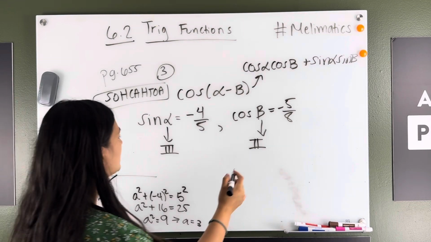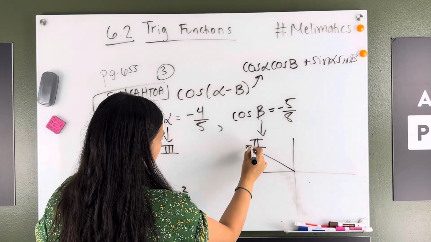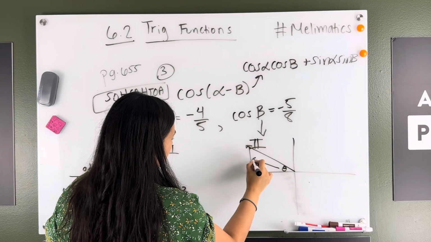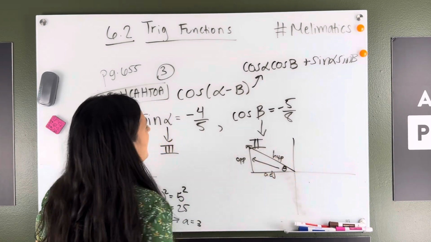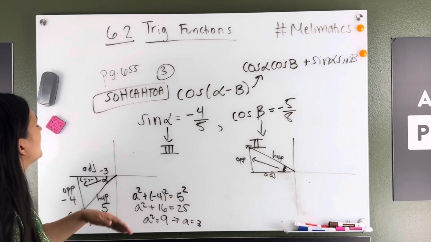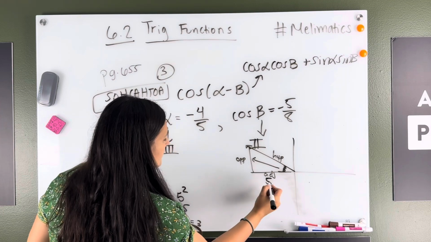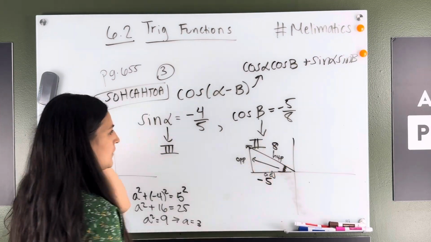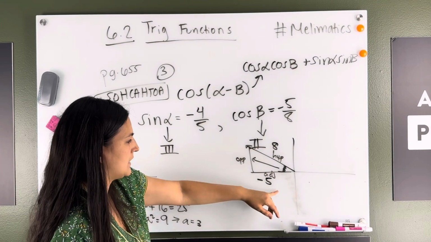On the other side, we need to draw beta. Beta is in the second quadrant. They gave us the cosine, and cosine is adjacent over hypotenuse. It makes sense for the 5 to be negative because we're in the second quadrant, where cosine is negative.